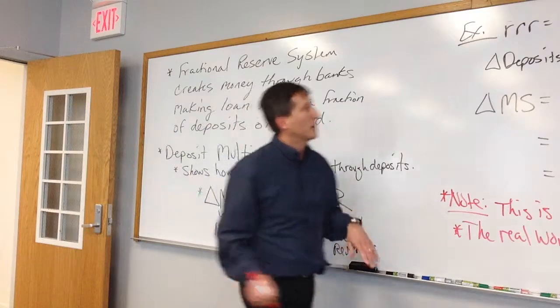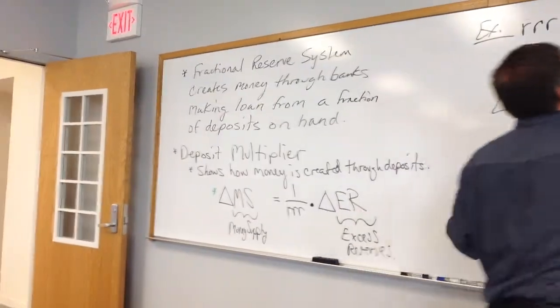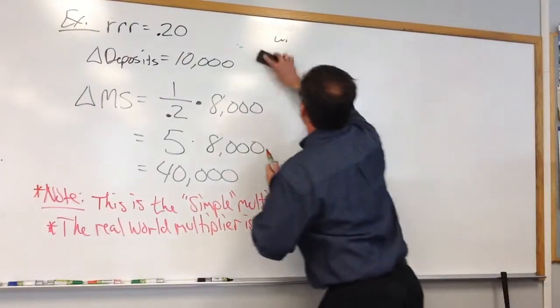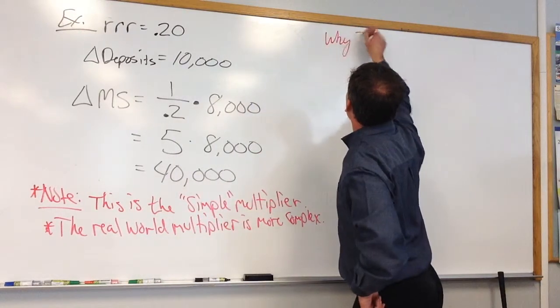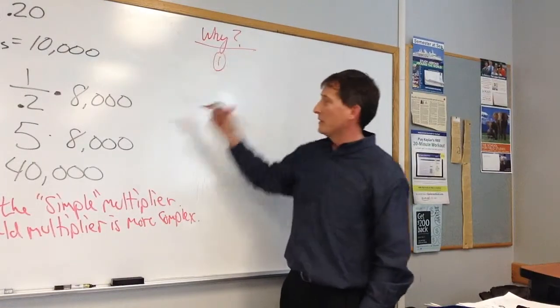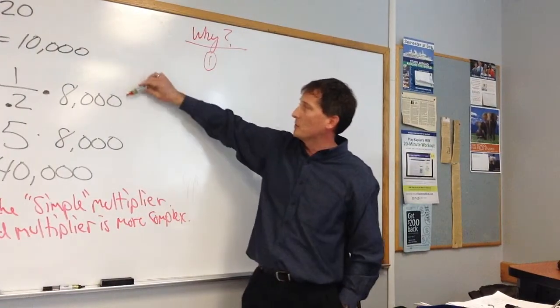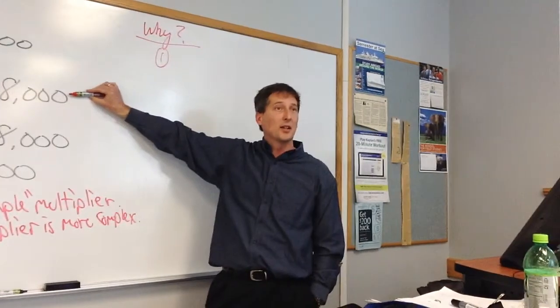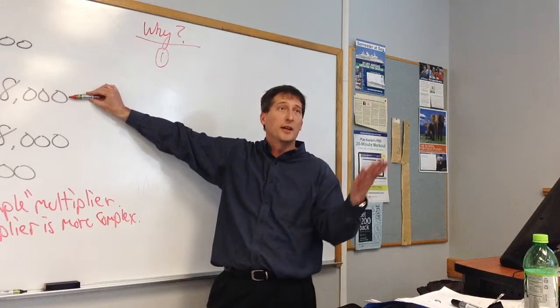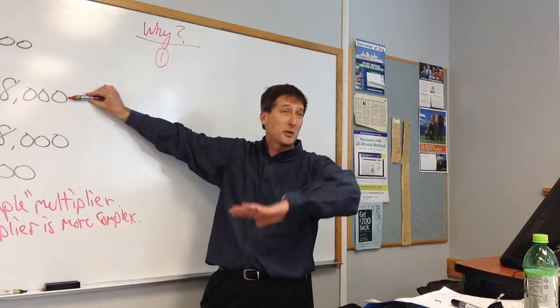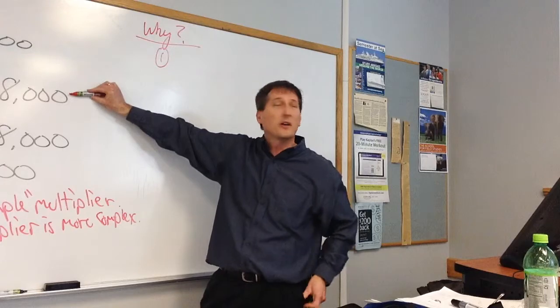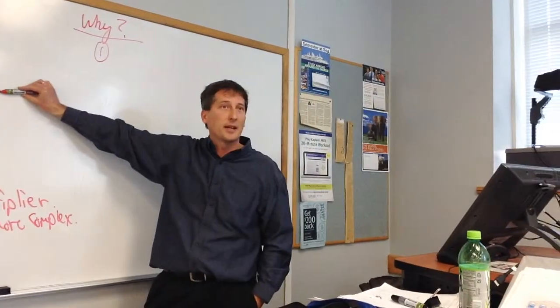Okay, good. So Corbin's jumping at the bit here. Why would the real world multiplier not be as big? Do some banks choose not to loan out 8,000? That's possible. If their desired reserves are greater than what's required, then they might want to only loan 7,000, right?